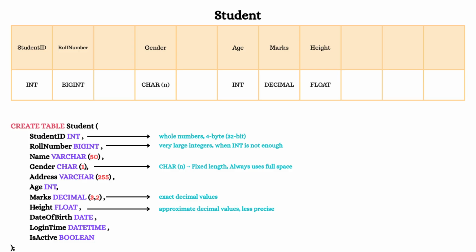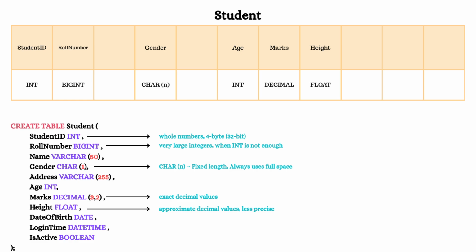It's always going to use that entire space. For example, if I take name char 15, even if your name is less than 15 characters, the space is reserved fully. If I store Amit here, I'm only using 4 characters, and yet the rest 11 characters of space is reserved and stays unused.